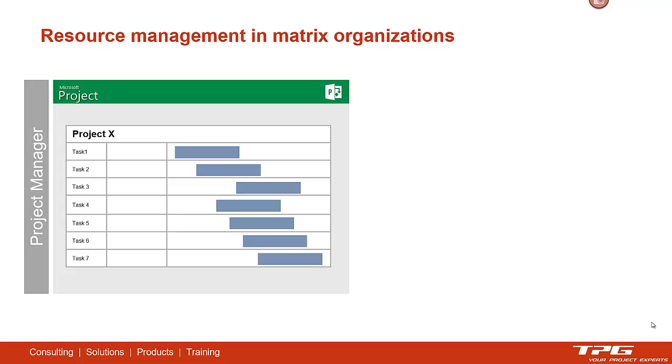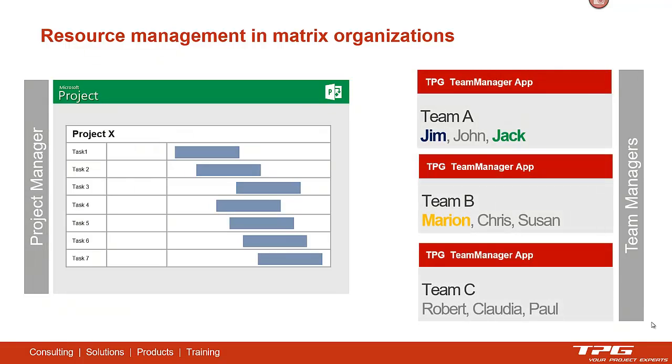So usually in these matrix organizations we have project managers who are requesting resources from multiple teams, and the big question is, how do these people come into project plans?